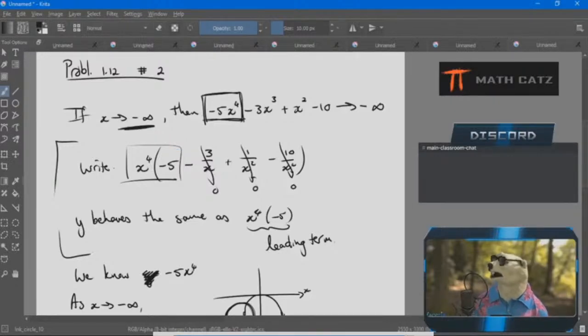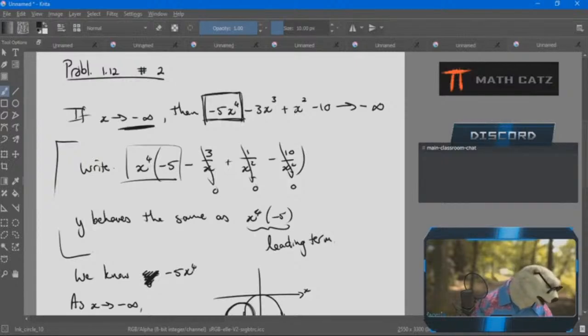Okay, so we're going to continue this discussion about long-term behavior tomorrow. Of course not tomorrow. Tomorrow is Saturday. But we're set up to start our discussion on rational functions, which might be a little new, I think.